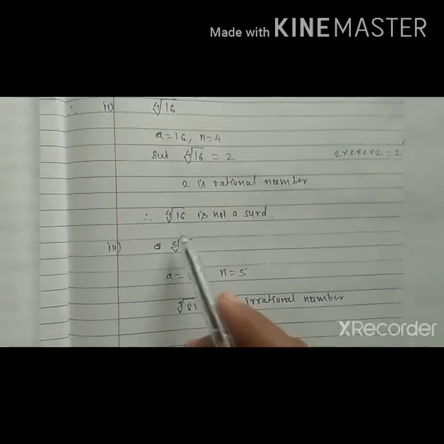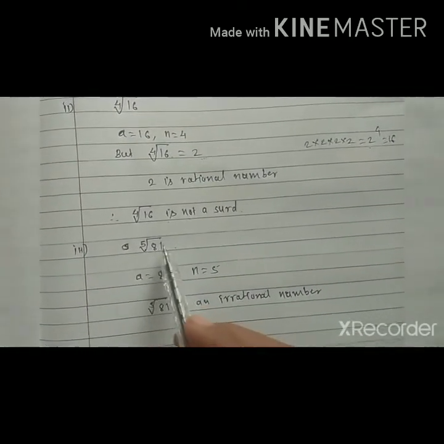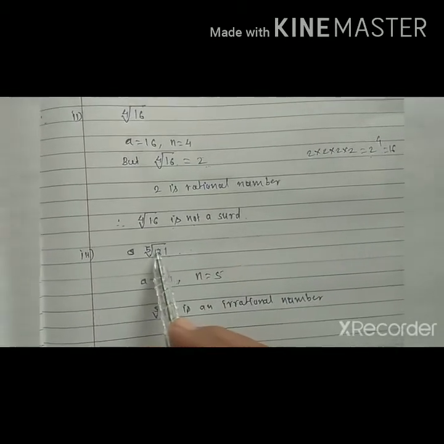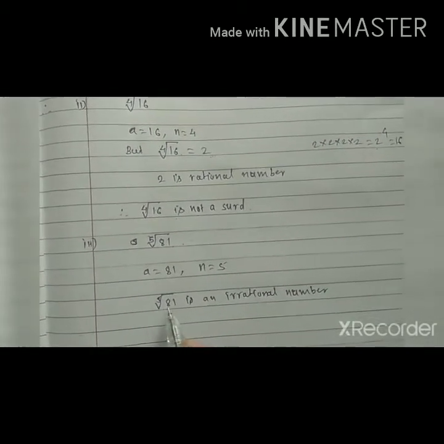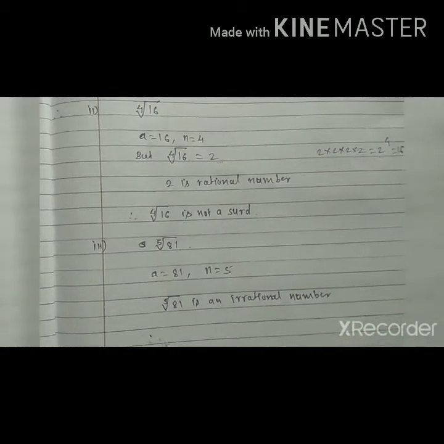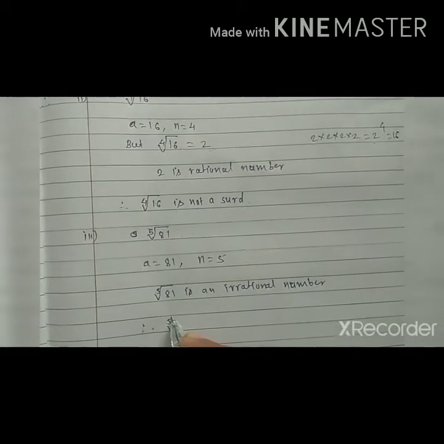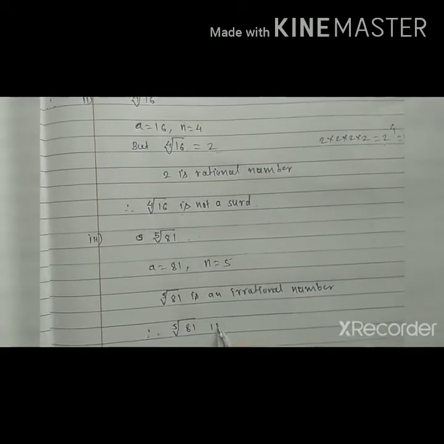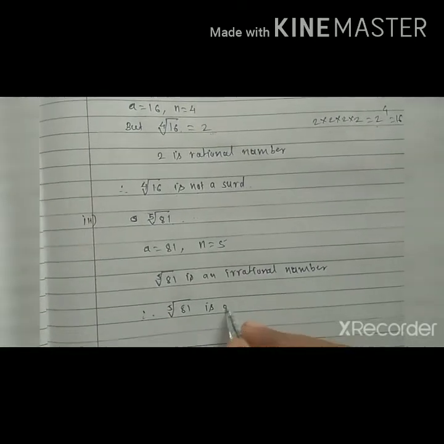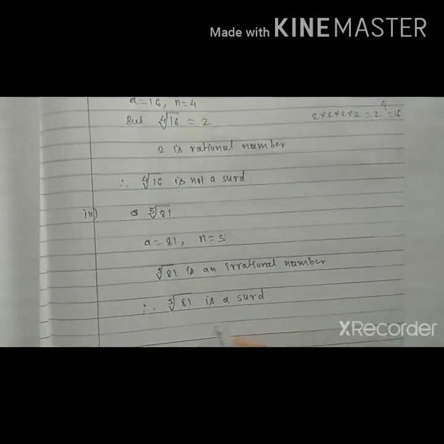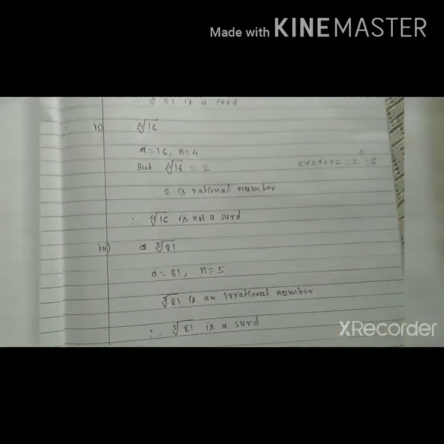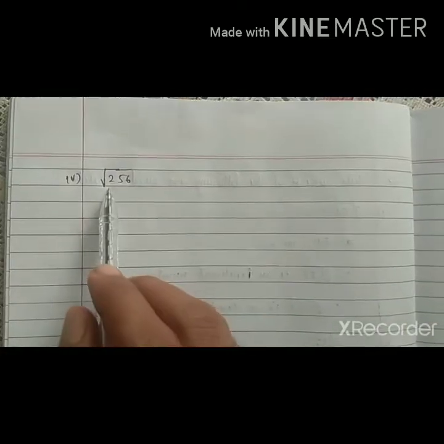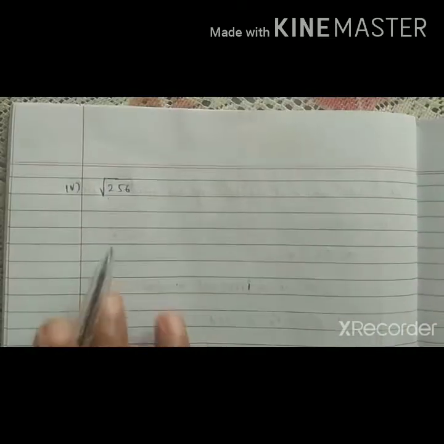Therefore the fifth root of 81 is a surd. Next is square root of 256.